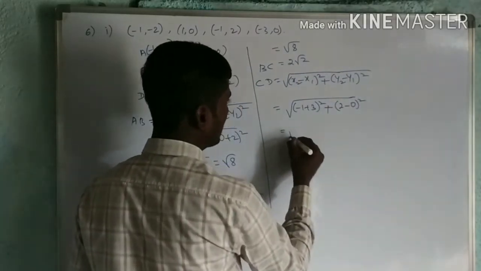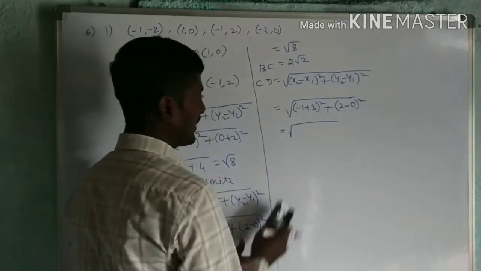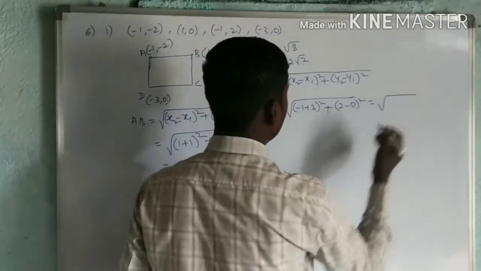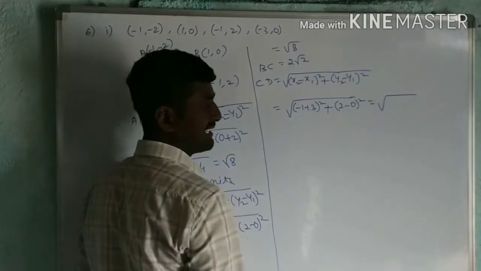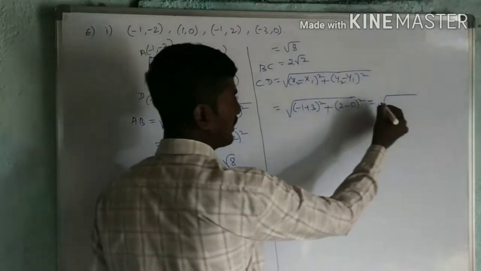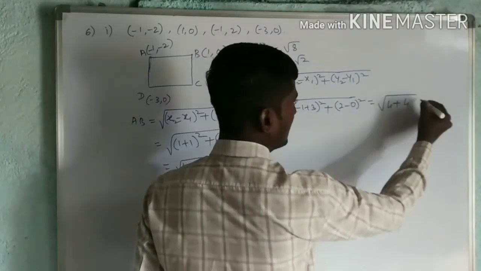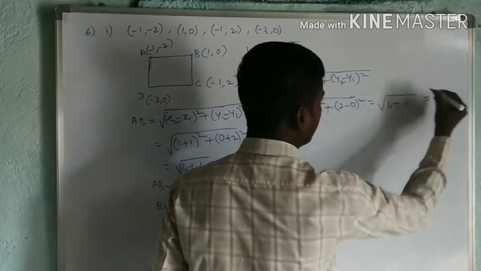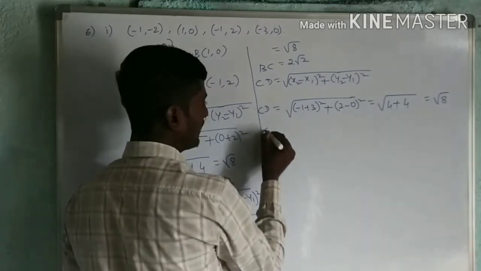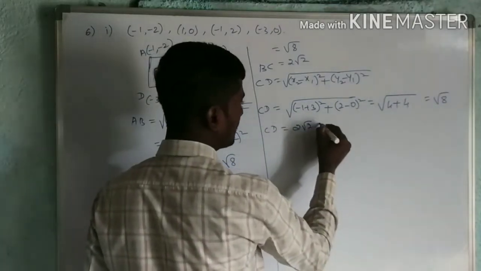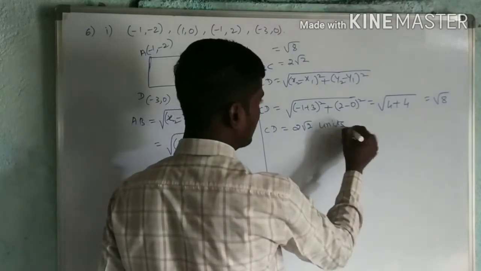Minus 1 plus 3 is plus 2, square is 4, plus 2 square is also 4. So here I am getting root 8. CD is root 8, which is nothing but 2 root 2 units.